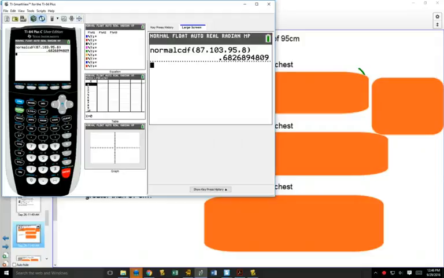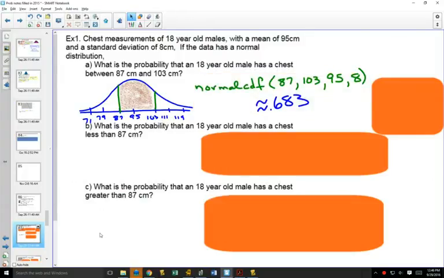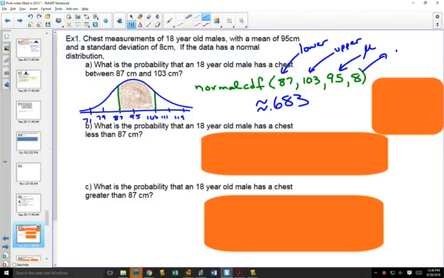To 3 significant figures, it would be 0.683. So this is our score.